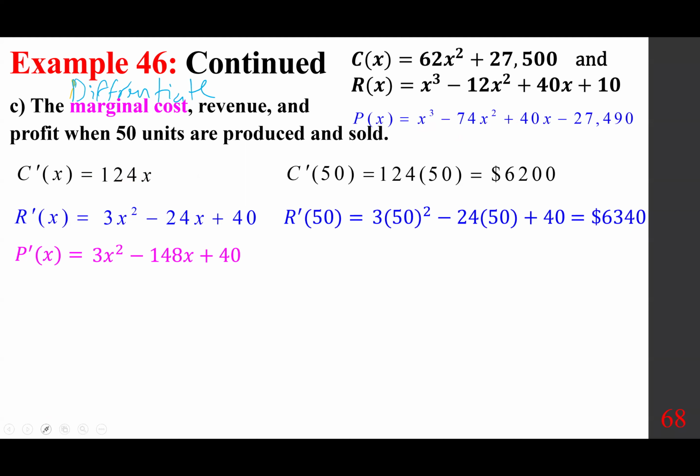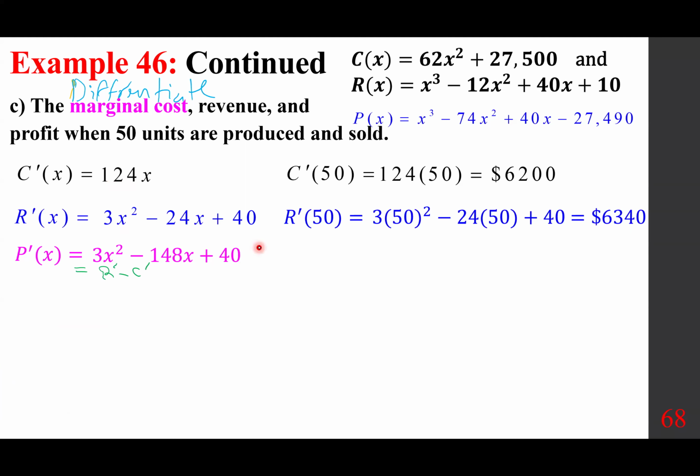So this is also equal to R prime minus C prime. So if you do that, 3x squared remains, and minus 24x minus 124x becomes minus 148x plus 40, as you can see that.